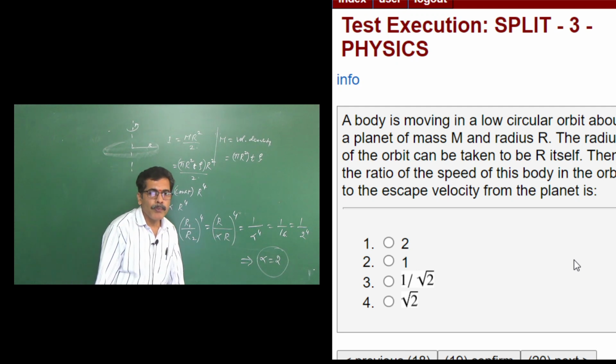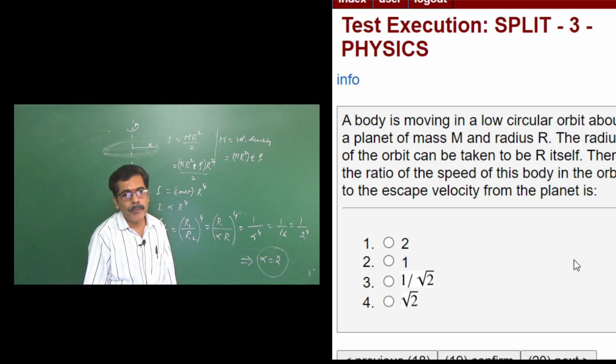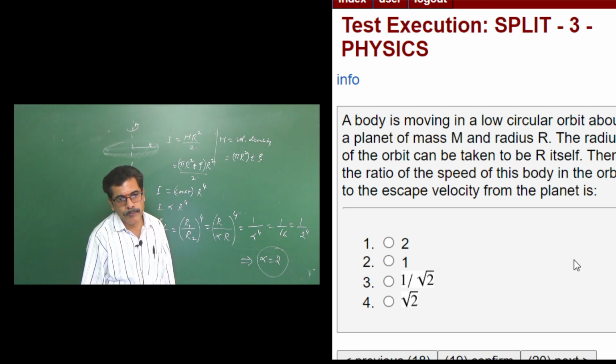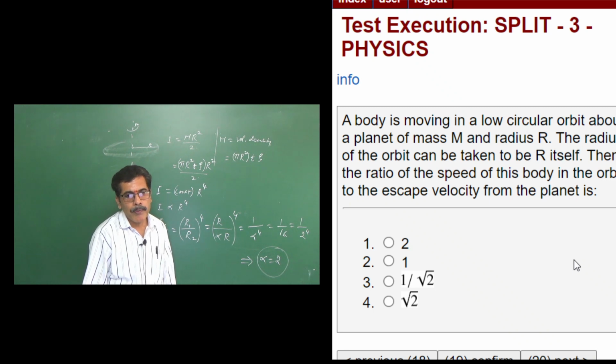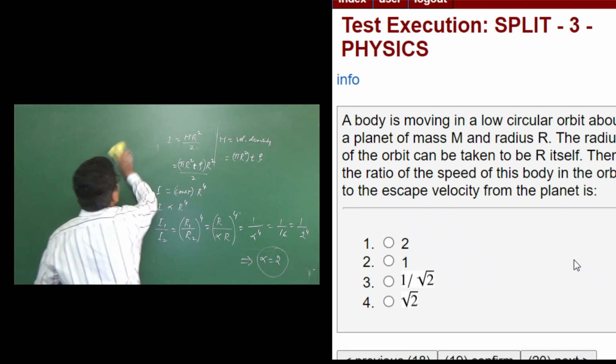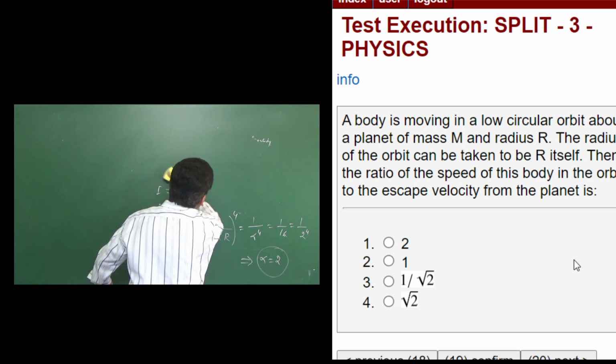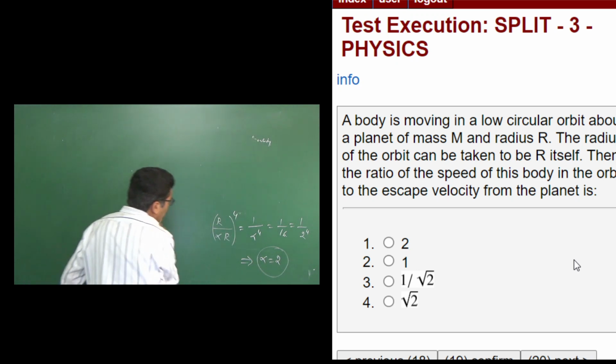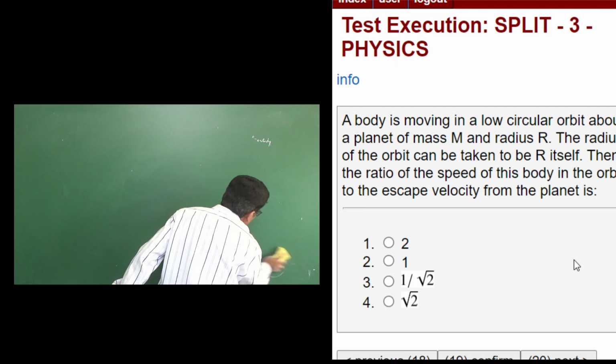A body is moving in a low circular orbit about a planet of mass m and radius r. The radius of the orbit can be taken to be r itself. Then find the ratio of the speed of the body in the orbit to the escape velocity from the planet. We know that there is a relation between orbital velocity and escape velocity.